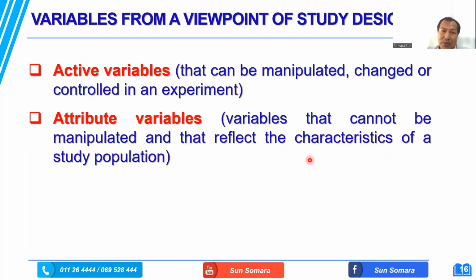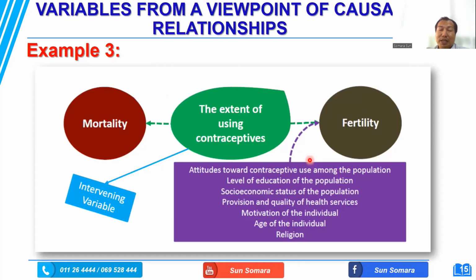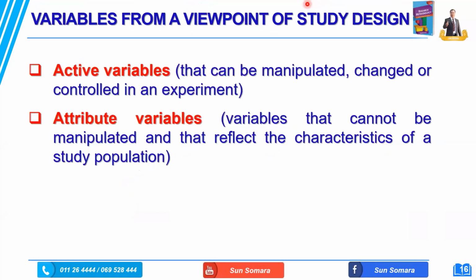Okay, so this part. Any question before we move? So you can see here about variable from a viewpoint of study design. We have different variables. From a study design, we have the active variable, a variable that can be manipulated, changed, or controlled in an experiment, right?